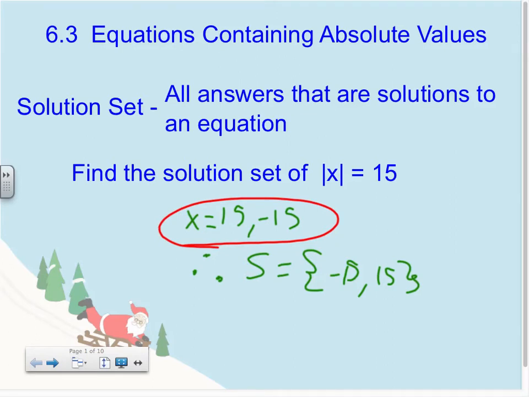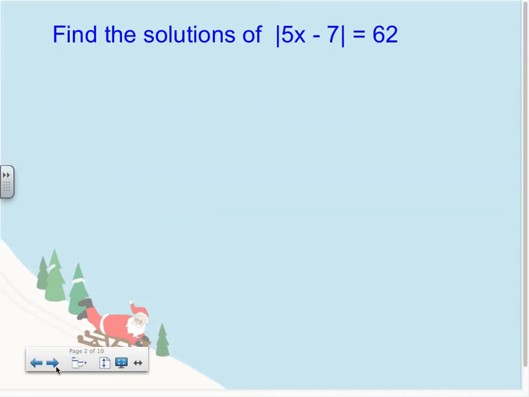We can just write this for all of our solutions. So let's look at some equations and how we're going to solve them. We start off here, find the solutions of the absolute value of 5x minus 7 equals 62. So we know that if 5x minus 7 equals 62, then this will be true because the absolute value of 62 is 62.